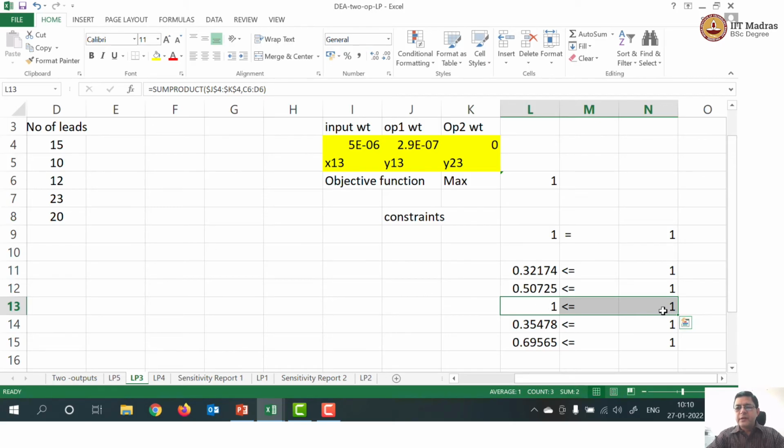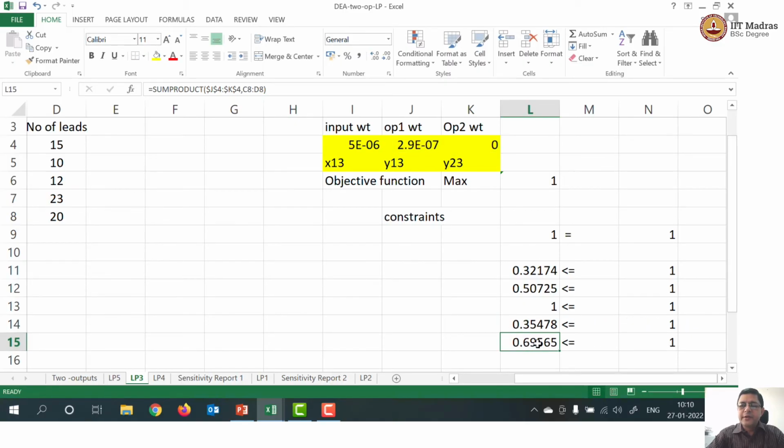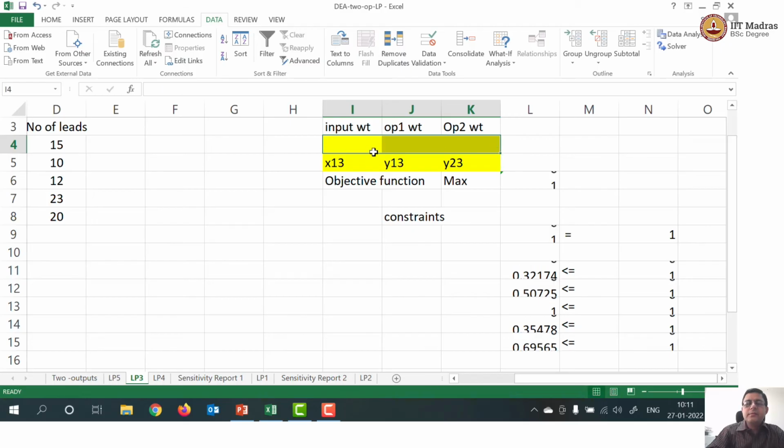Left hand side is same as right hand side. Anyway, the constraint was less than or equal to, so equal to is also acceptable. Similarly, this tells you that using the weight for DMU 3, DMU 4 should not quote an efficiency of more than 1. Using the weight of DMU 3, DMU 5 should not report an efficiency of more than 1. Did we do this nicely?